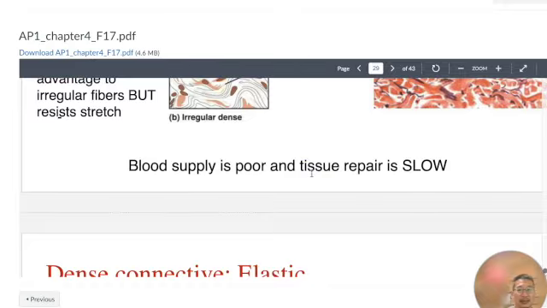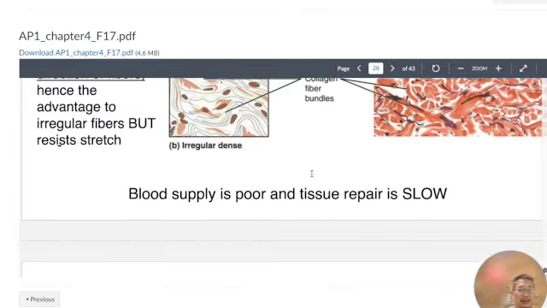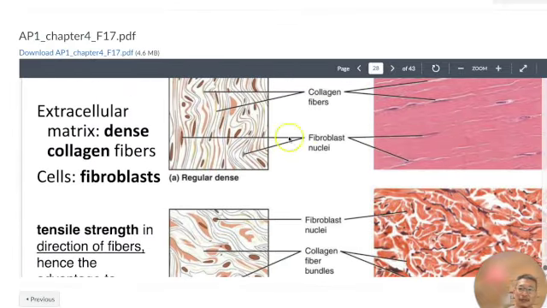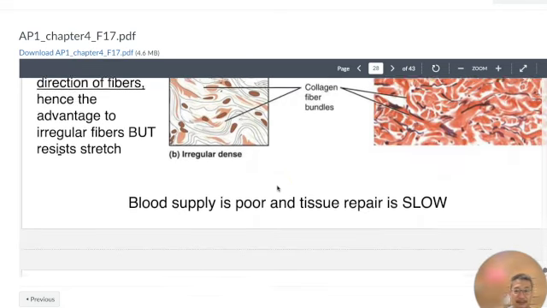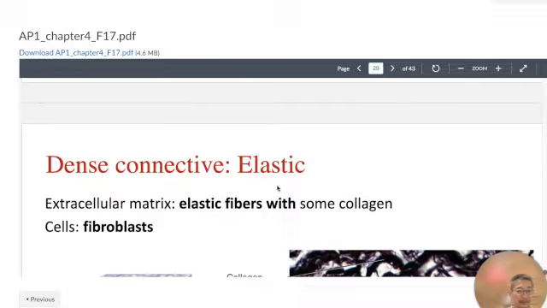Blood supply is poor and tissue repair is slow. There's very little blood supply in these tissues, and it takes longer to heal. If you tore a ligament or something, repair is very, very slow.